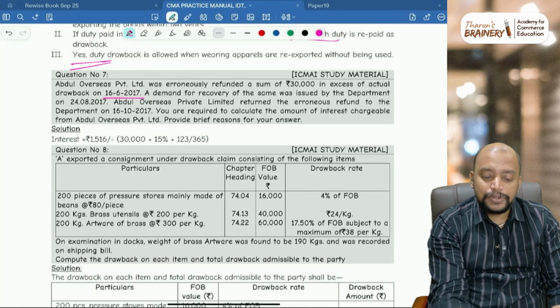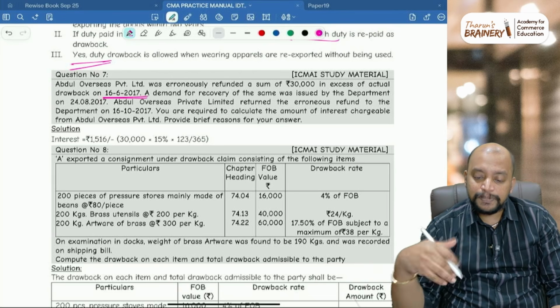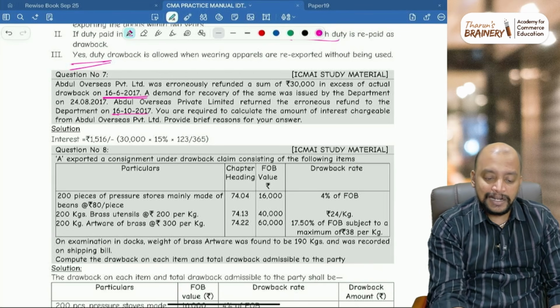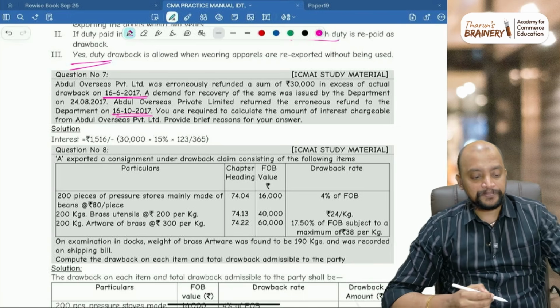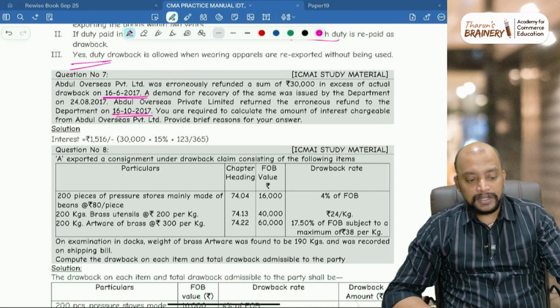16/6/2017, and the refund was paid on 16/10. So see the number of days. In June, you take 30 minus 16, 14 days in June, July 31 days, August 31 days, September 30 days, and October 16 days.